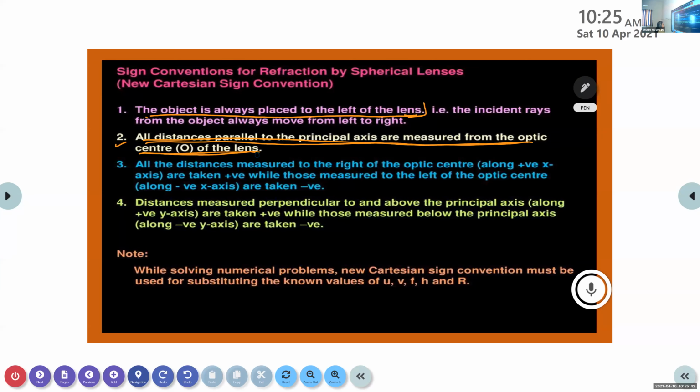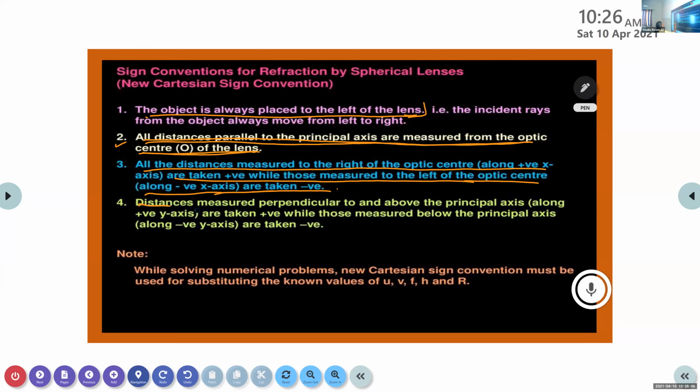The third rule is the same. All the distances measured to the right of the optic center are taken positive, and all the distances measured to the left of the optic center, that is along the negative x-axis, are taken negative. Here the third and fourth rules are combined, that is why it is marked as 3.